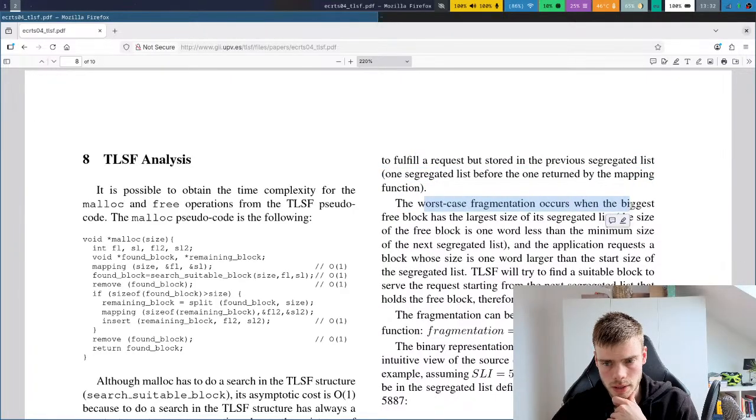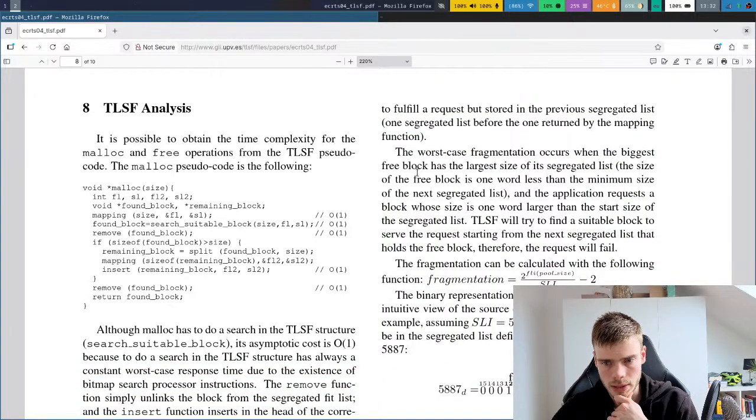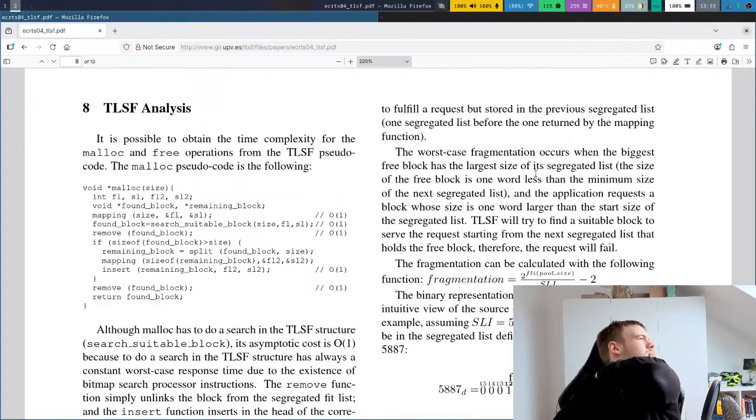Worst case fragmentation. Biggest free block, largest size of the segregated list. Size of free blocks. I don't understand that. Why would that be the case?